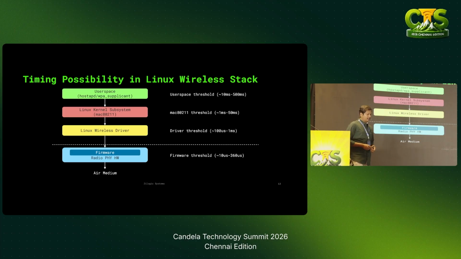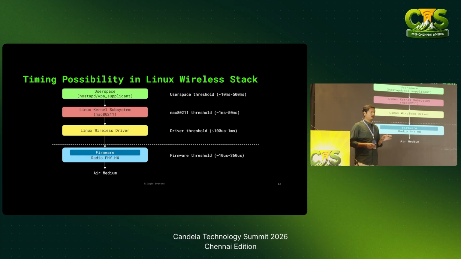So on that note, we have a timing possibility on each of these components in the wireless stack based on various measurements. The user space threshold of activities that is done in hostapd, iw, and wpa_supplicant will run around 10 milliseconds to a few hundred milliseconds.